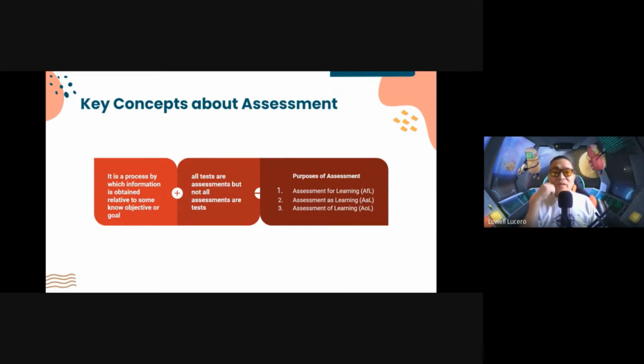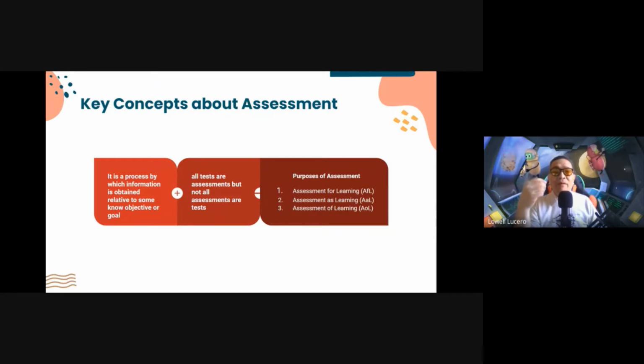No, you can make use of that, and then you can ask me question again if meron kang clarification with my feedback. Then another definition, it says it's an ongoing process aimed at understanding and improving student learning. Okay, ito naman, no? These are actually ideas or concepts about assessment.